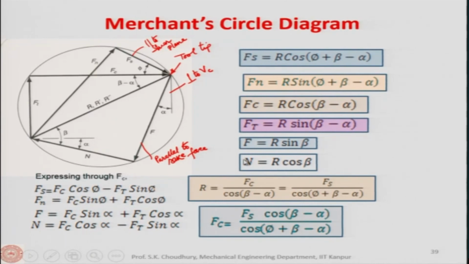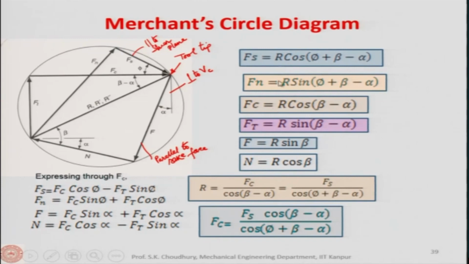So, these are the 6 equations that we can find out, which correlate the force components: shear force, normal to shear force, cutting force, thrust force, friction force and the normal force with the angles. Three angles particularly: the shear plane angle, the friction angle and the rake angle.